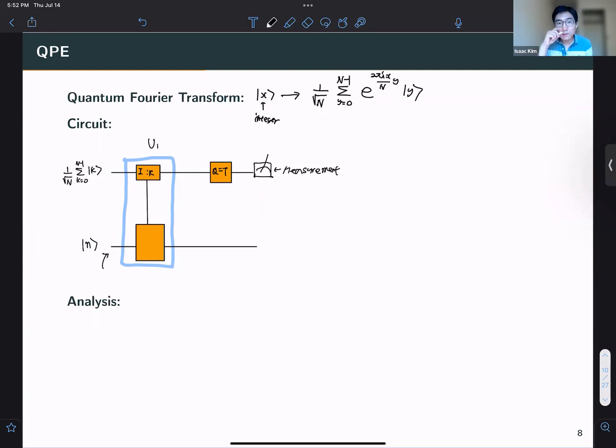Okay, so you can see some similarities with the continuous version of the Fourier transform. Let's just go through this circuit and see what happens. In the beginning, you begin with the following state.